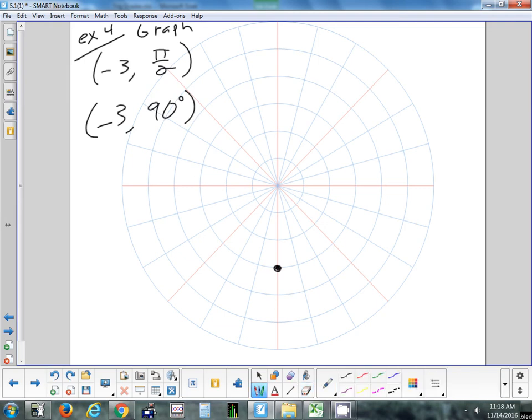For this one, I'm going to draw how we got there. We went this way and that way. Can somebody give me a different coordinate other than negative 390 that would get me to the same point? There's a few ways you can do this.